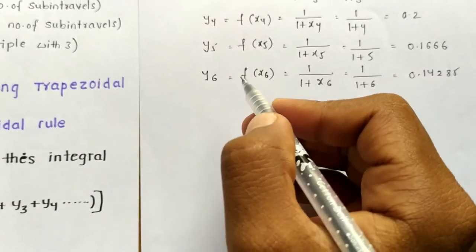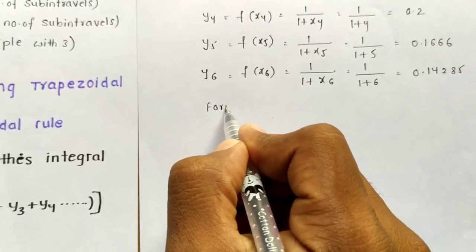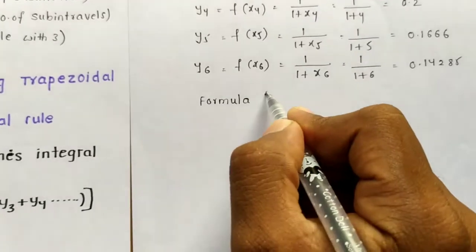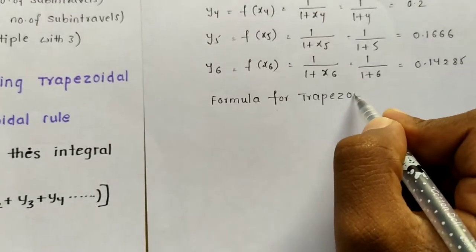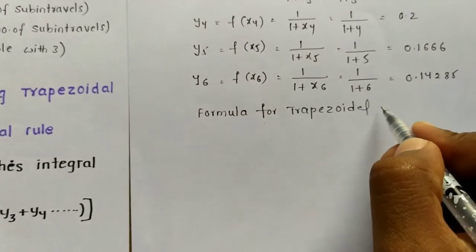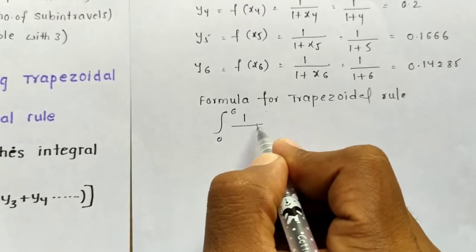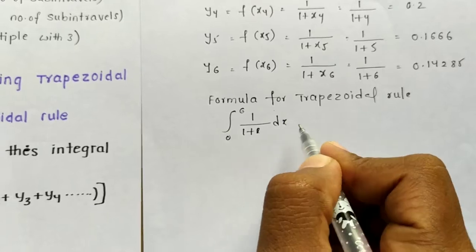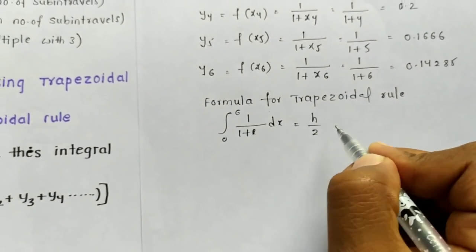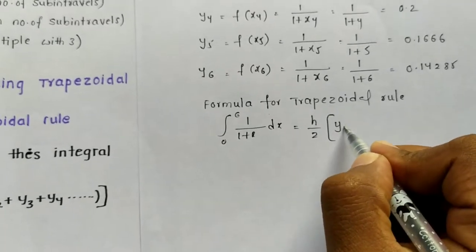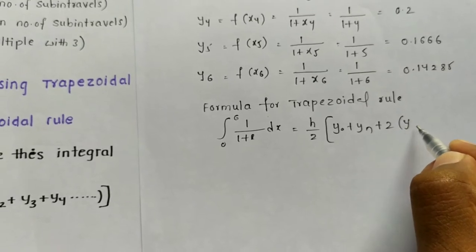Depending upon these values, you write the formula for the trapezoidal rule. The trapezoidal rule for the integral from 0 to 6 of 1 by 1 plus x dx, the given function, equals h by 2 into y0 plus yn plus 2 into the values in between.